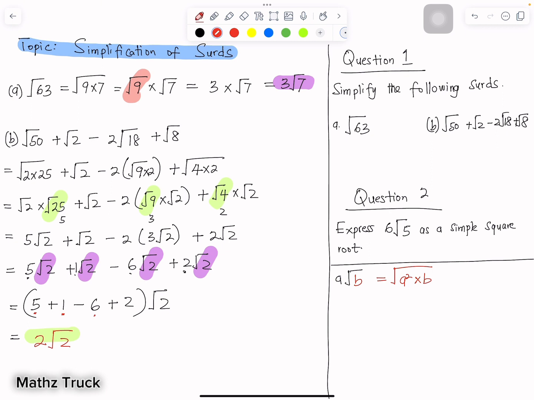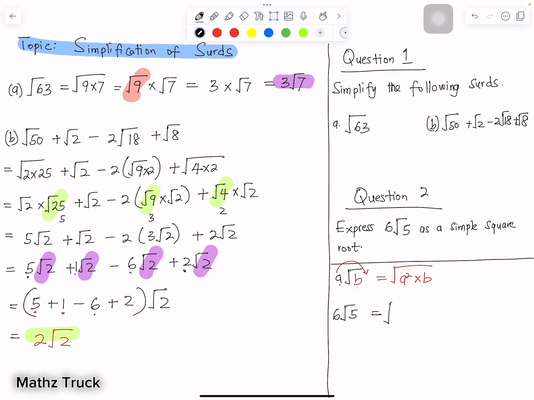As you try to make the a number into the root number, it becomes a squared times the base b, which is already here. So knowing this principle, expressing 6 root 5 as a simple square root will be square root of 6 squared, which represents the a, times 5.